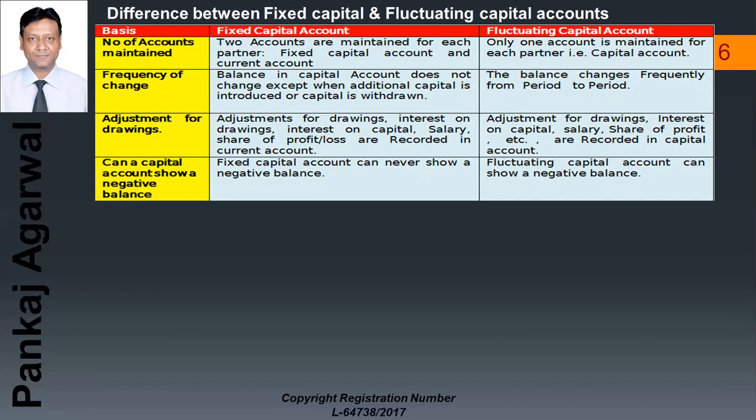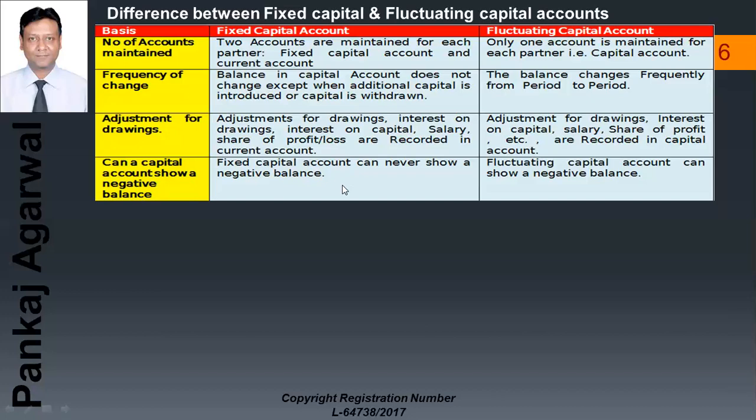Adjustments for drawings are not done in the capital account under the fixed capital method, rather they are done under current account, but adjustments for drawings are done in the fluctuating method in the one account only, that is capital account. Now, can a capital account show a negative balance?